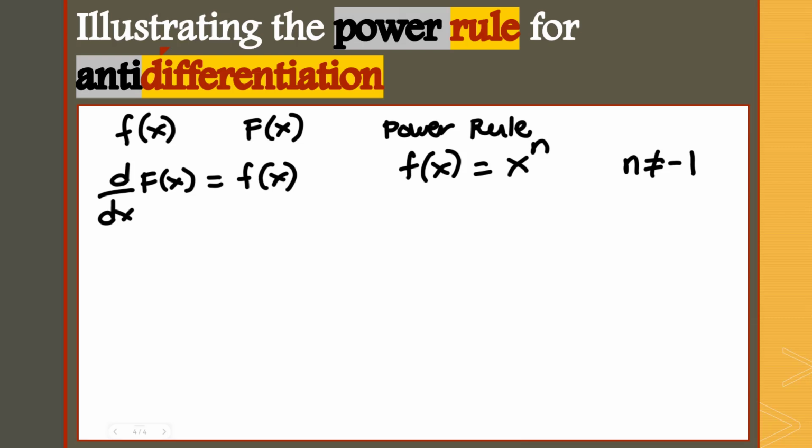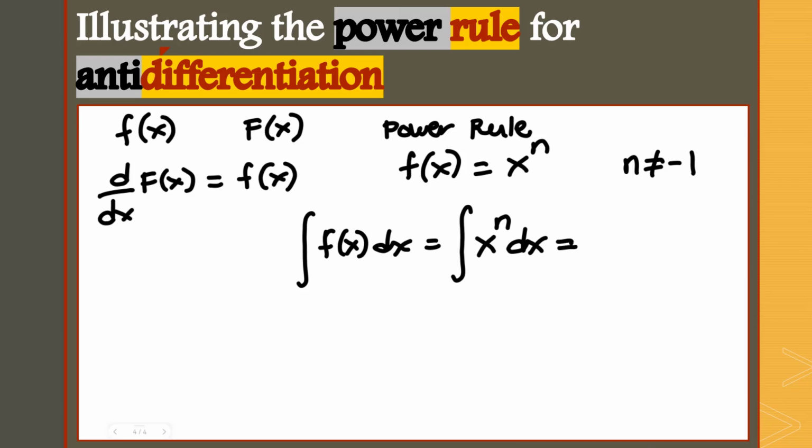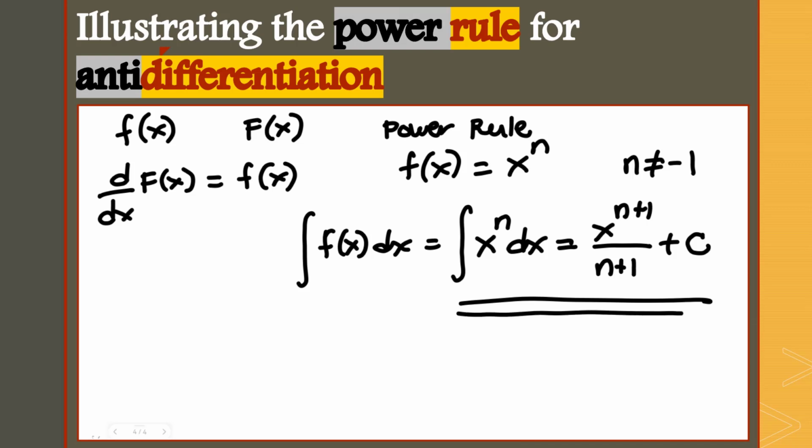So, the power rule states in this manner, the antiderivative or the integral of our given function f of x dx, which stands for the integral of your x to the power of n with respect to x, is equivalent to x to the power of n plus 1 over n plus 1, the total of your exponent, and of course, let's not forget, plus c. This is the power rule for antidifferentiation.